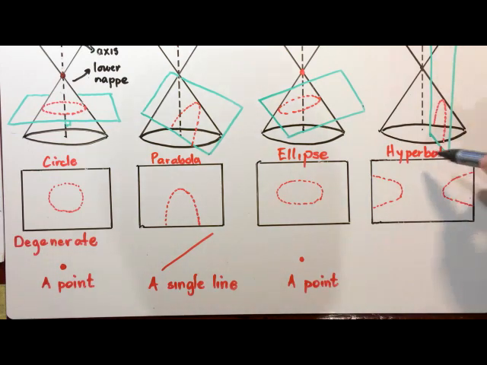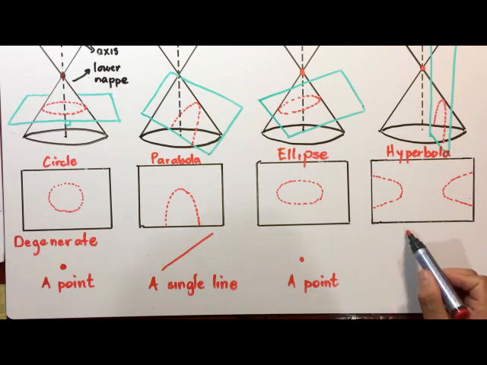What if this cutting plane cuts the two cones at the vertex, and the cutting plane is still parallel to the axis, but it passes through the vertex? Now, what figure can you form?